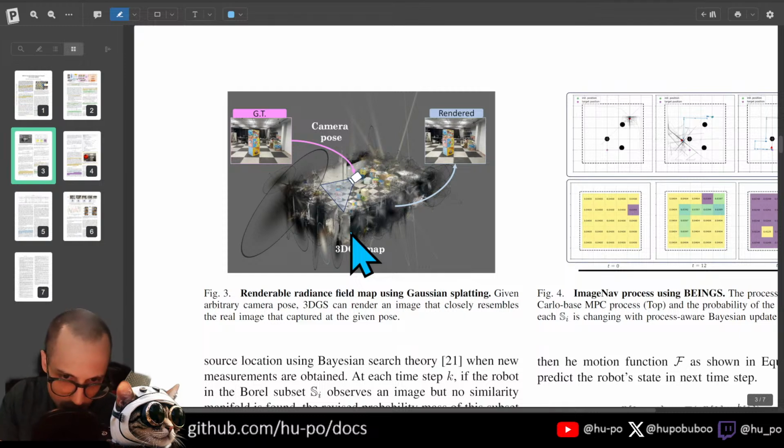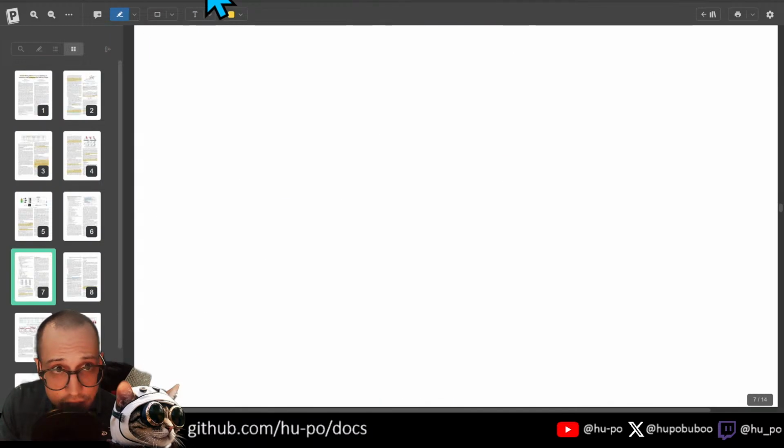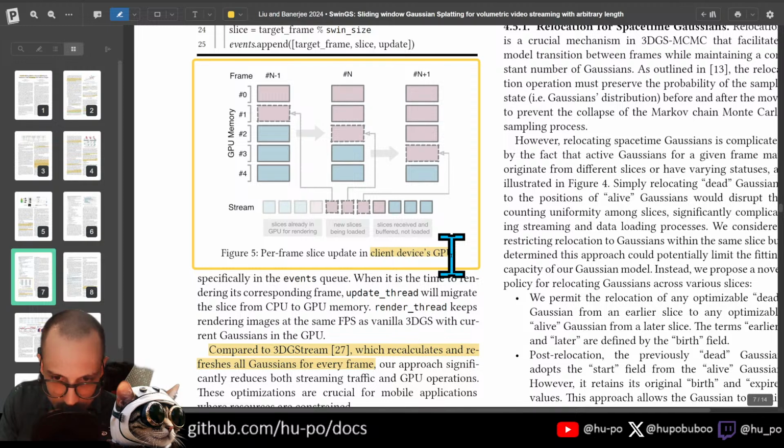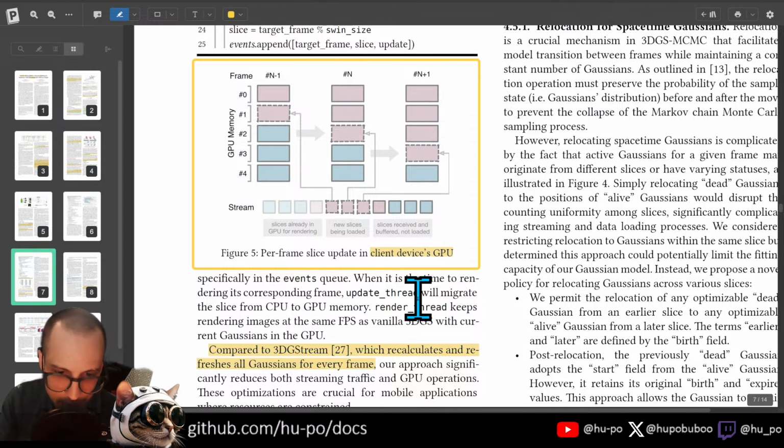So there's a cloud computer that has the full world as a Gaussian splat, and the robot isn't going to have the full world, right? So it's going to be streaming in that world from some cloud computer, right? So in this situation, the client device GPU would be the actual robot, and then it's streaming in the volumetric video or the splat from the cloud, which has the full world, right?